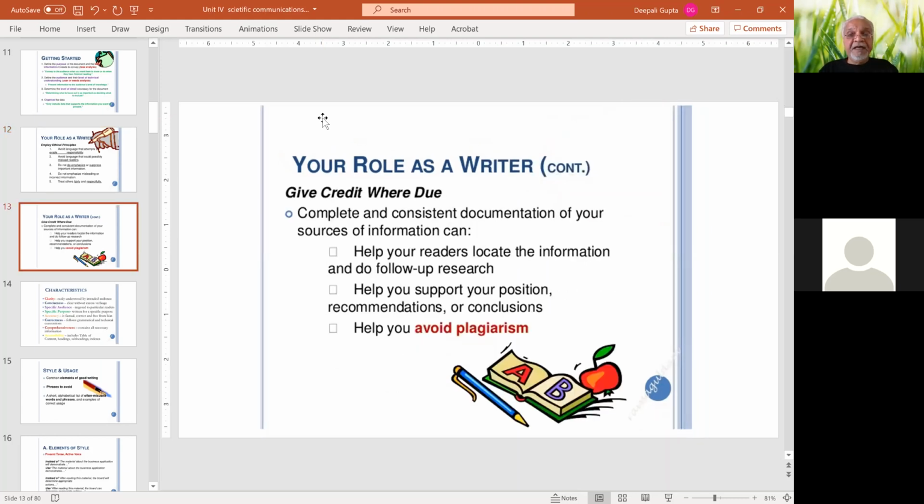And then, while preparing the document, you should give credit to the people whose information you are using, or the source. Suppose you are preparing a document where you have used information generated by others to take support in emphasizing your point.